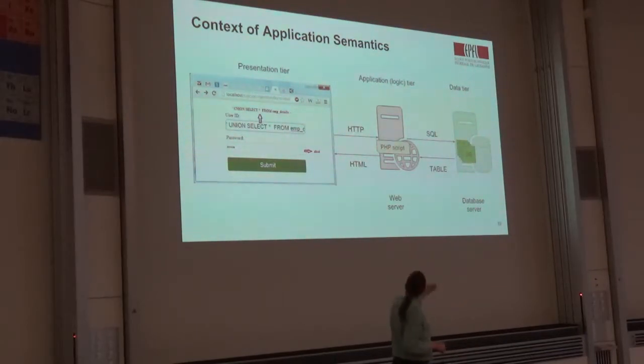Now, if we have correctly configured our network, the hacker on the internet is not going to be able to connect directly into the database server. So let's assume that problem is solved. Here we're looking at attacks where the attacker can exploit the normal flow of events, and the example is a simple SQL injection attack.